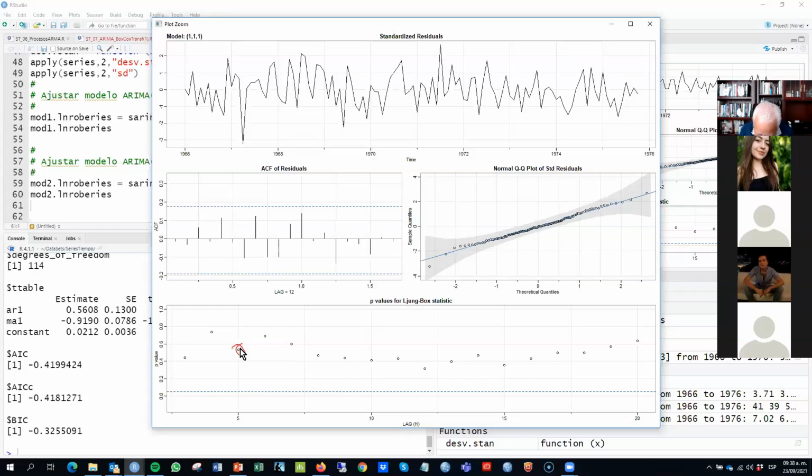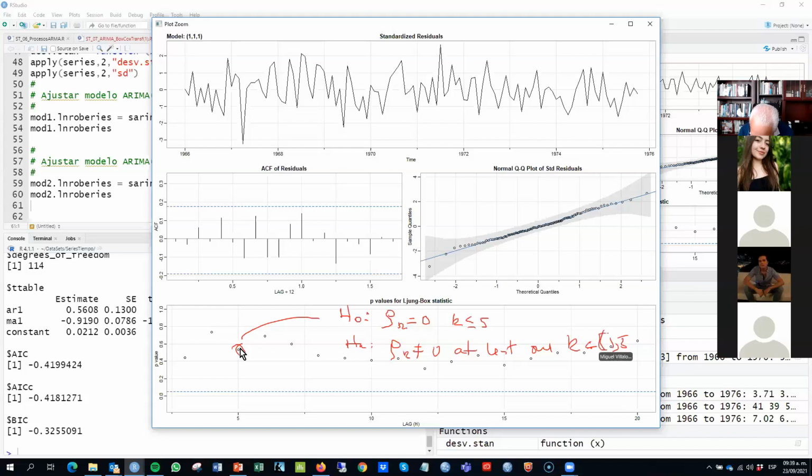This is the p-value for the test of the null hypothesis that rho k equals 0 for k less than or equal to 5 in this case, versus the alternative that rho k is different from 0 for at least 1 k between 1 and 5.